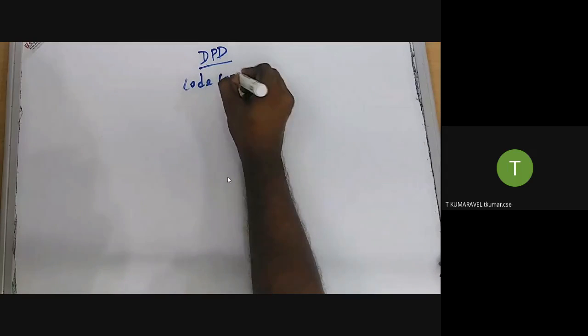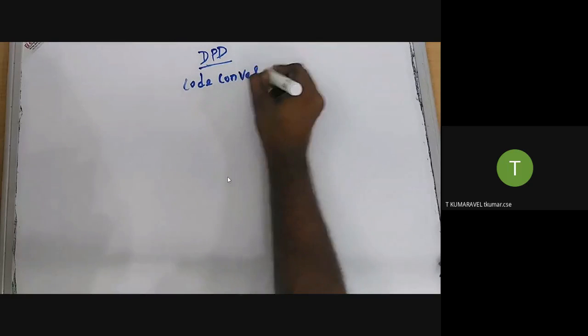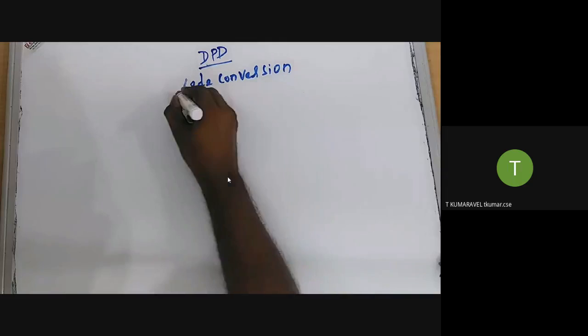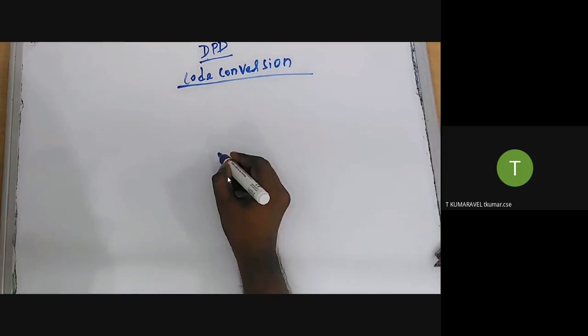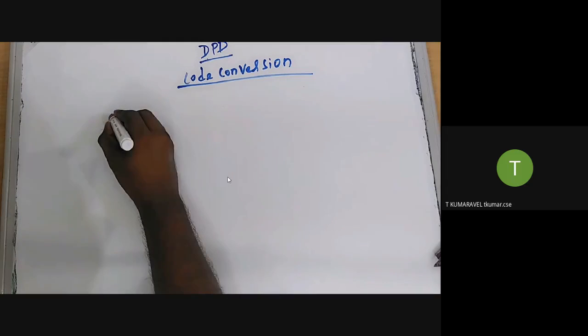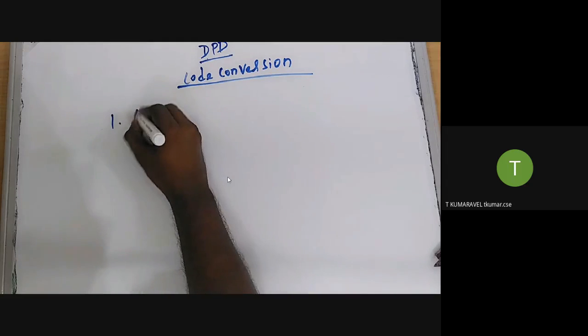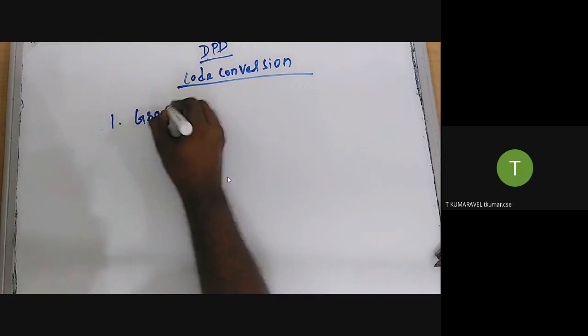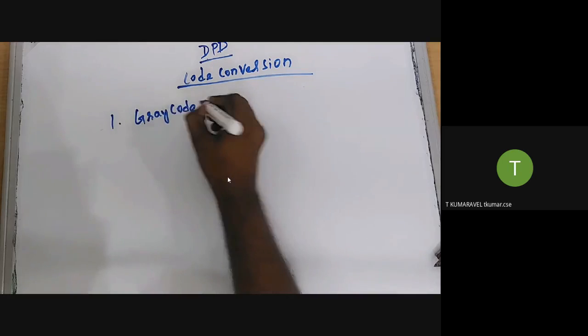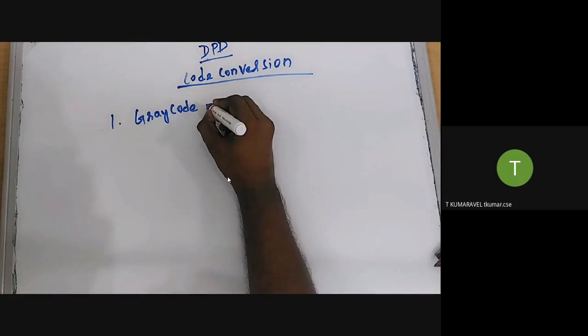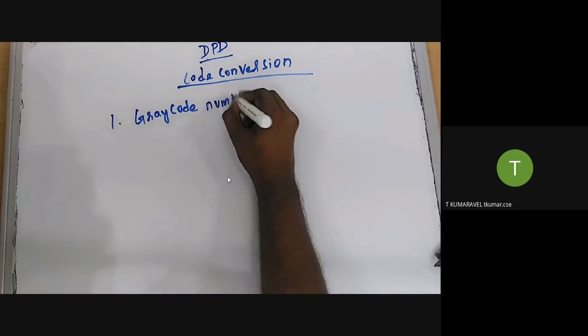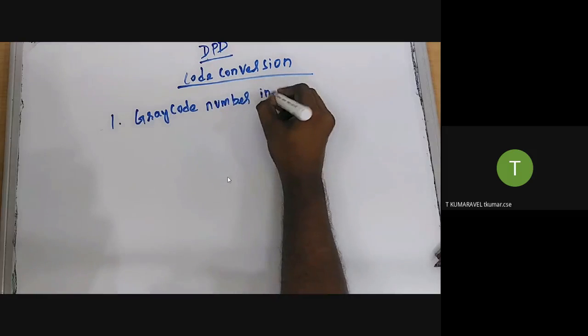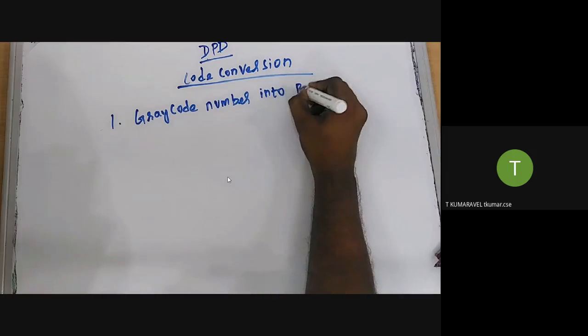The next topic is code conversion. What are the things we are going to discuss? The first topic is how to convert a gray code number into binary code.